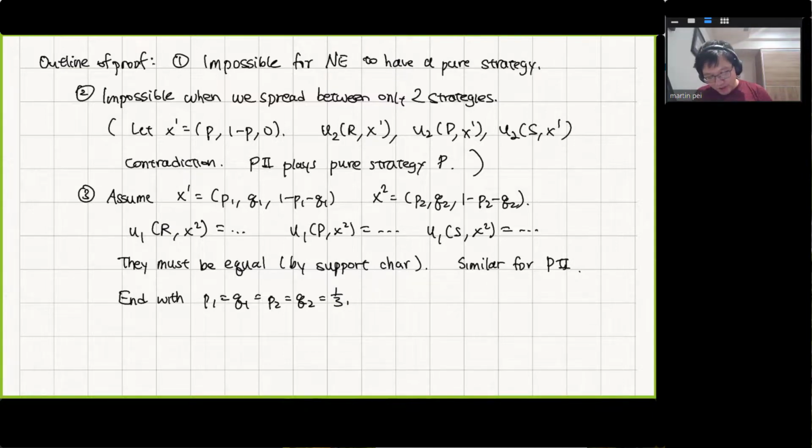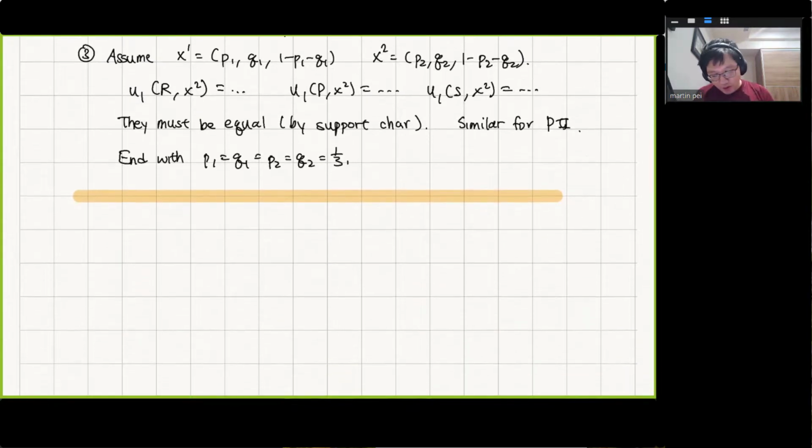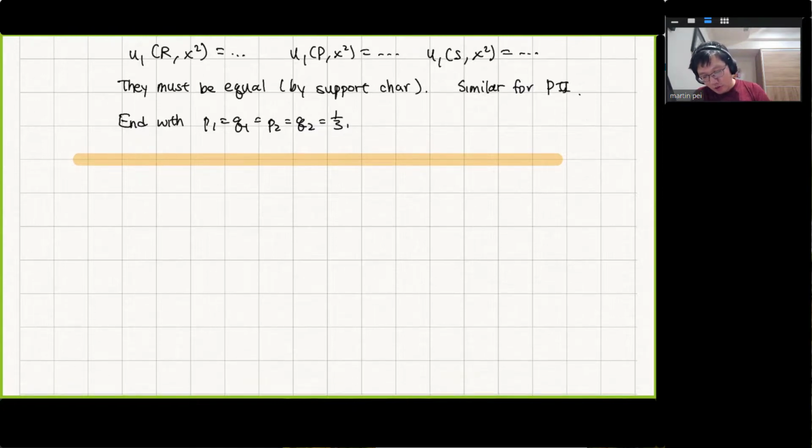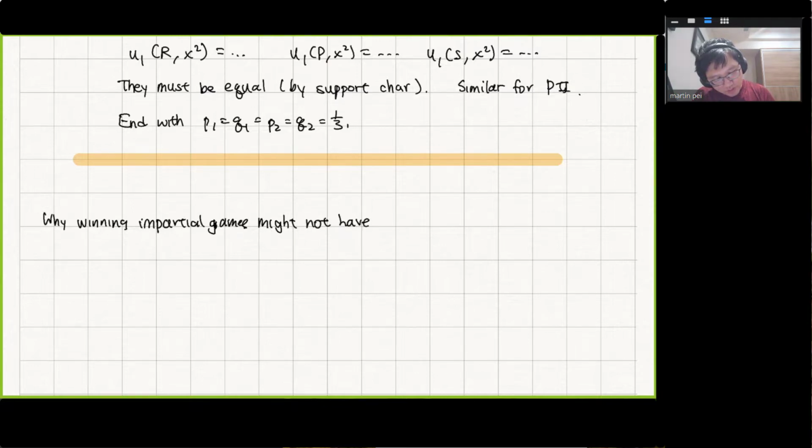So, why is an impartial game not the same as the NIM game? Even though they look the same, here are a couple of reasons why winning impartial games might not have an odd number of winning moves.